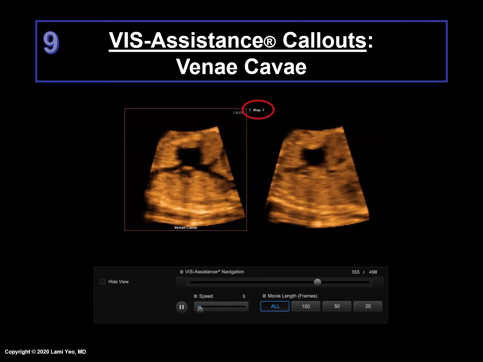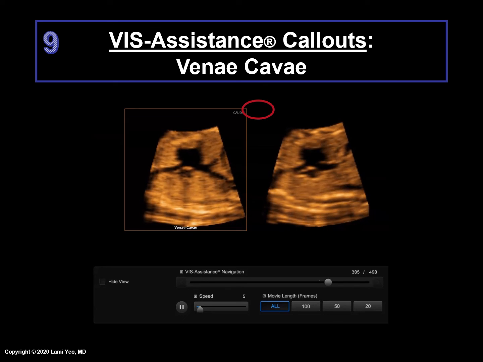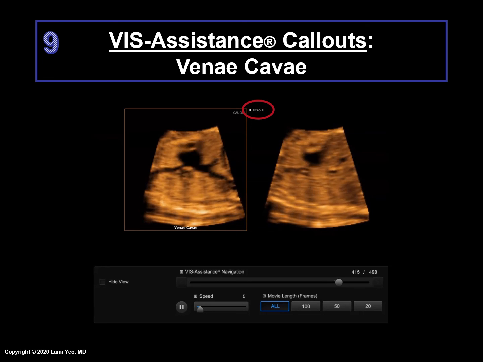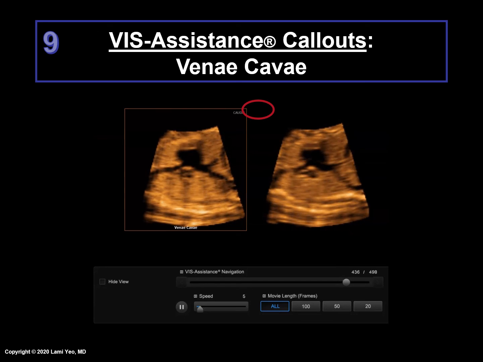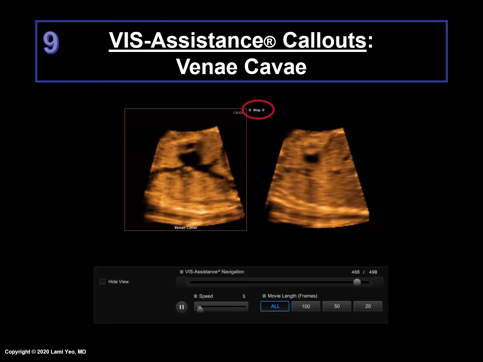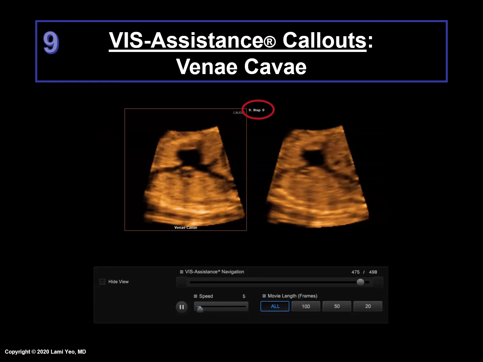The seventh callout states Step 7. The eighth callout states Step 8. And the ninth callout states Step 9.